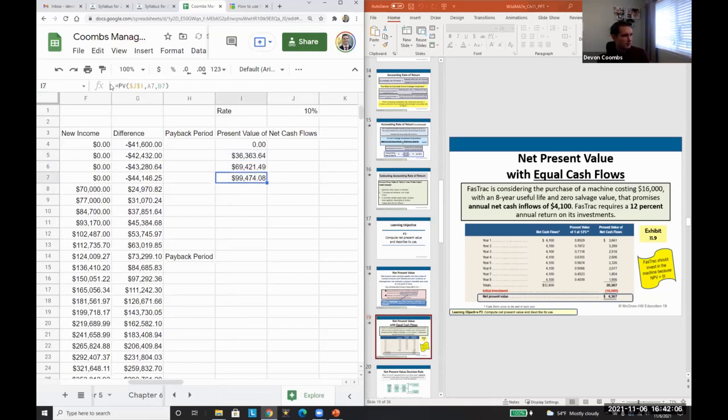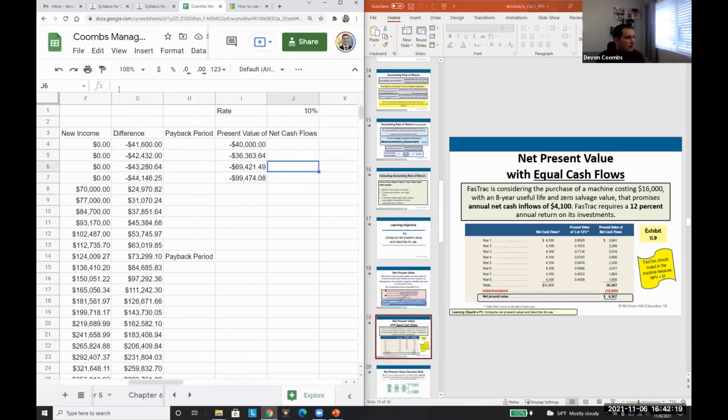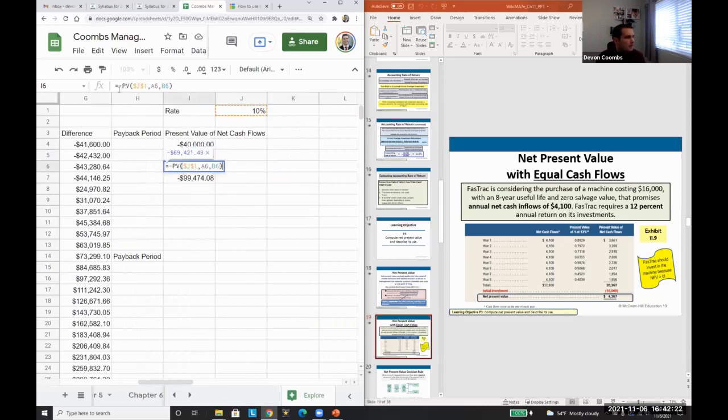So that gives me the calculation. What am I doing wrong here? I see it's duplicating.